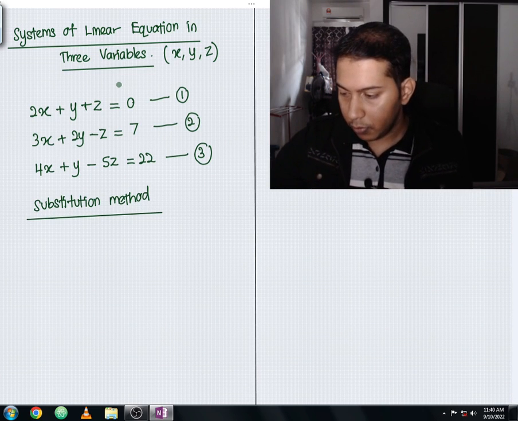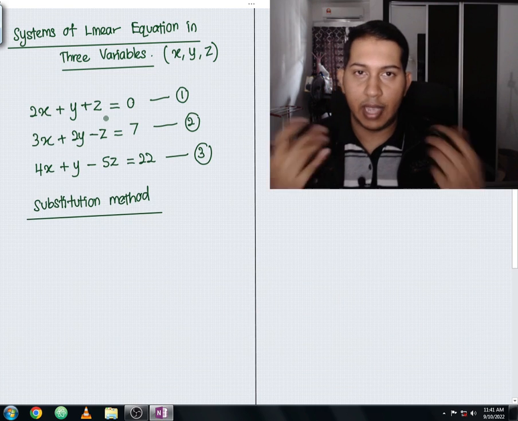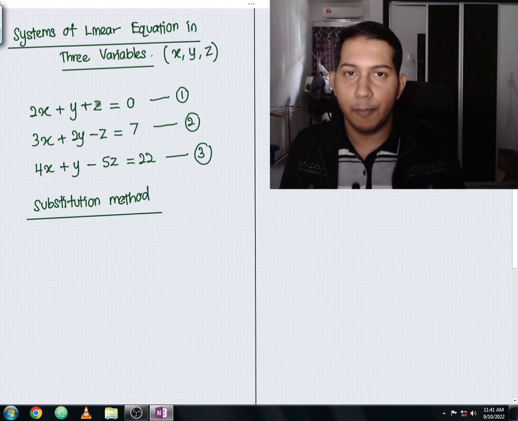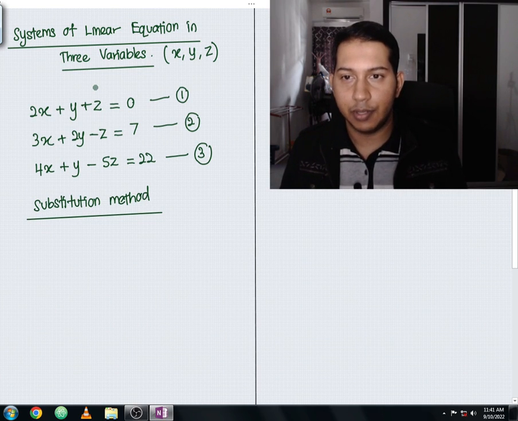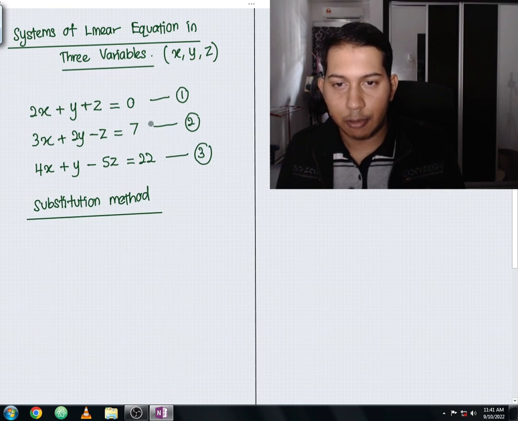For the substitution method, you can choose any equation you want, and any variable you want to substitute. For convenience, it is recommended that you choose variable z for substitution. In this case, I'm going to choose equation number 2.